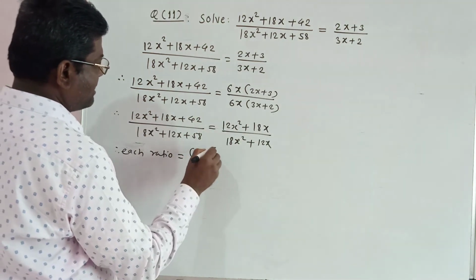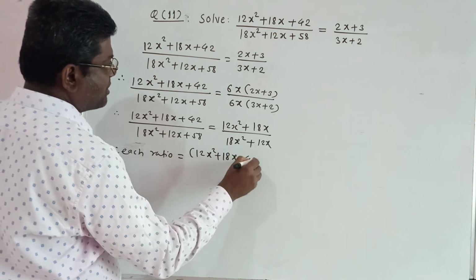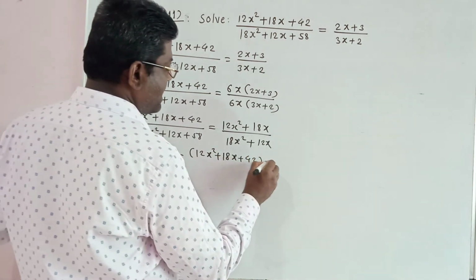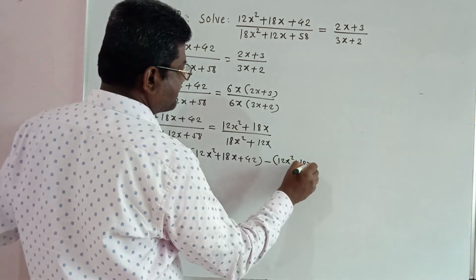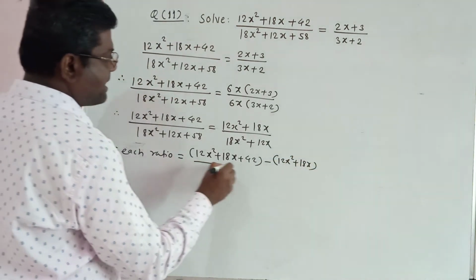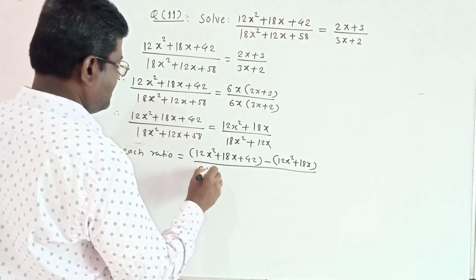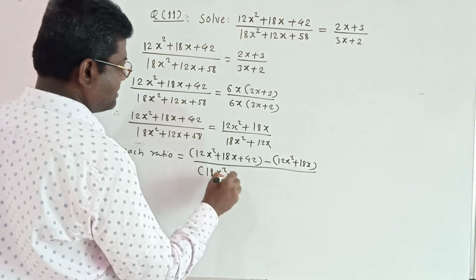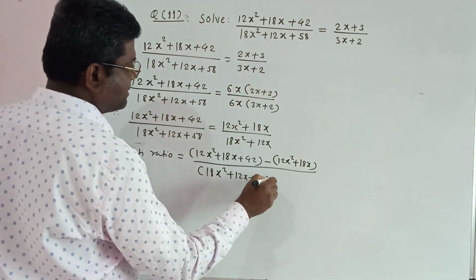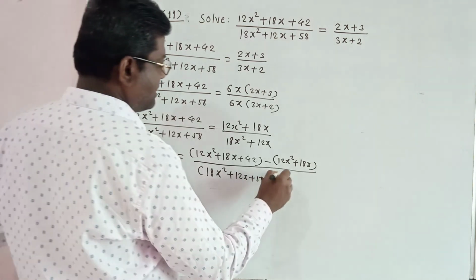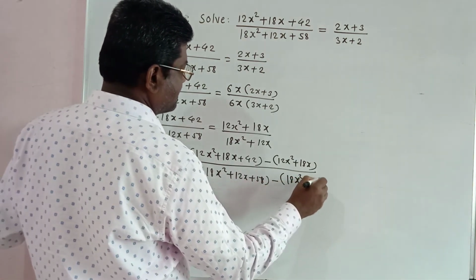that is (12x² + 18x + 42) minus (12x² + 18x) divided by (18x² + 12x + 58) minus (18x² + 12x).